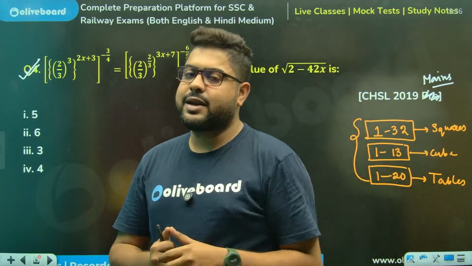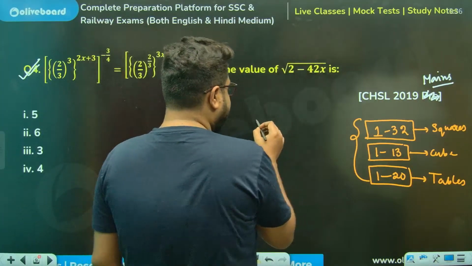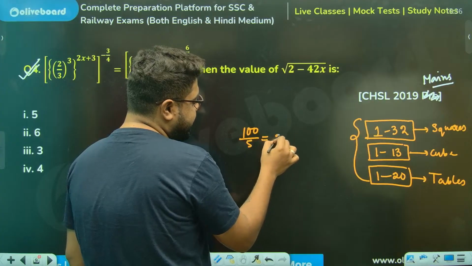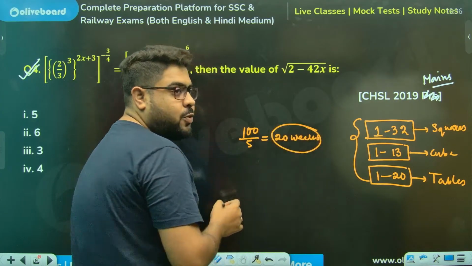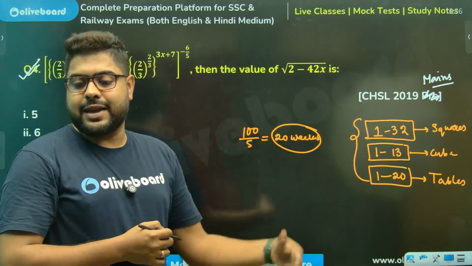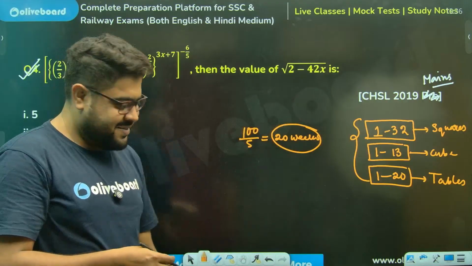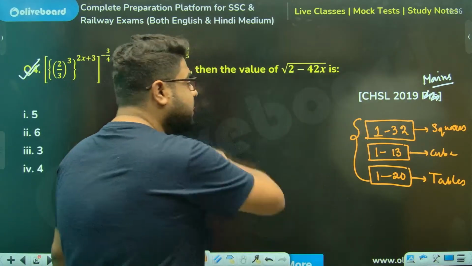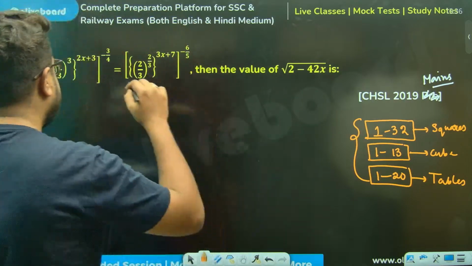Divide it: 5 classes a week, 100 by 5, that takes 20 weeks. 5 months will go only to complete foundation. Then comes booster, then crash course, then practice course. When will it end? You're getting my point, brothers? So I have to complete this basic first. Then only we can move on. Okay, let's come back.